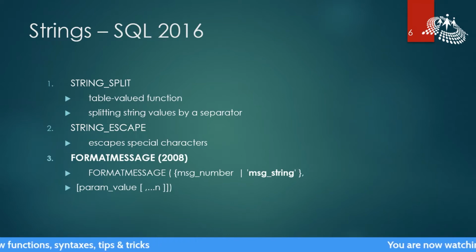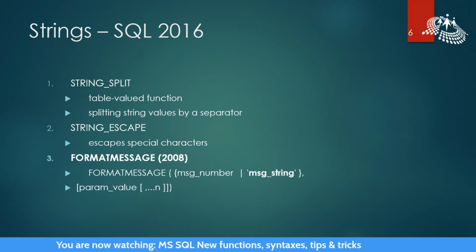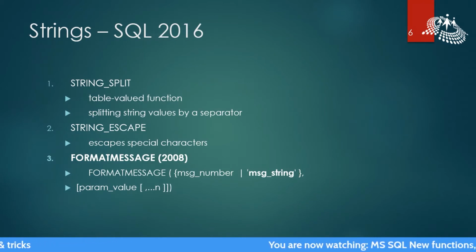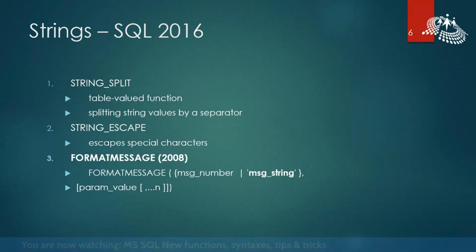The third one is FORMATMESSAGE, and actually it's an old syntax. It was enhanced in SQL Server 2016 to accept an optional message string argument. This means that you can use your own string to build a message.